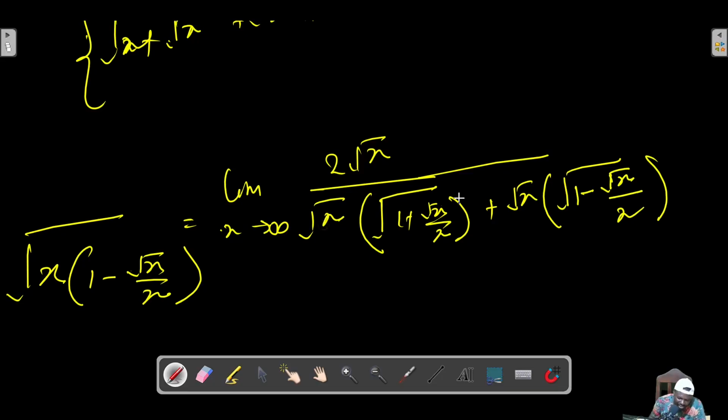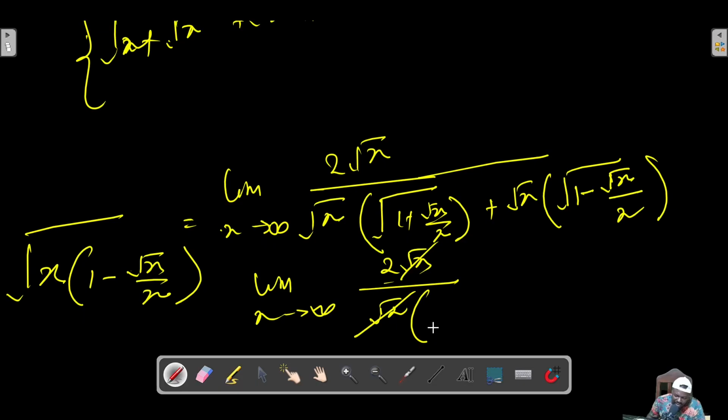I can factorize root x out to cancel out the root x here. So the limit as x approaches infinity, 2 root x cancelled, leaving behind root of 1 plus root x on x.